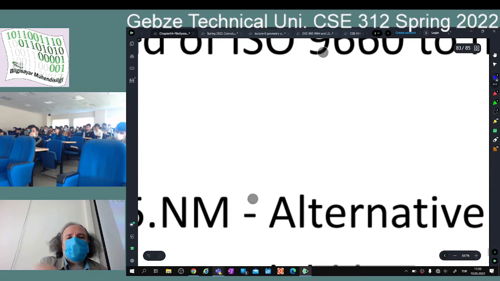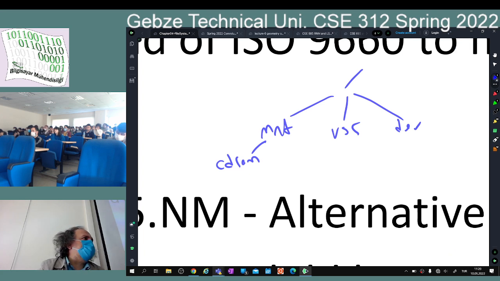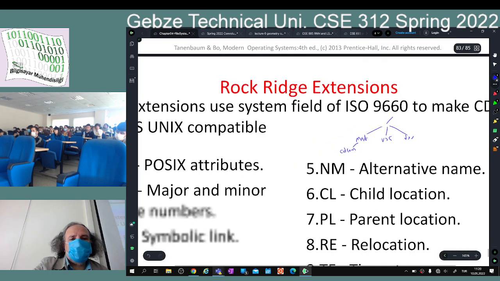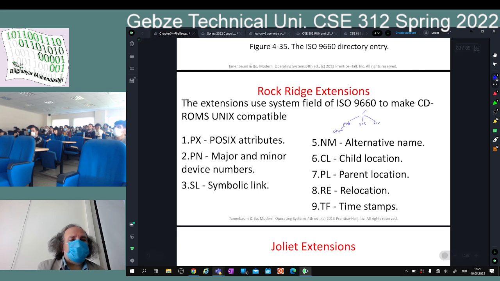So let's say this is my root directory and this is my user directory, if this is my devices directory, under the mount directory you can mount your CD-ROM, and under CD-ROM you are going to see your files like regular Unix files, because that CD-ROM supports this kind of stuff now. I have my POSIX attributes, device numbers, parent location, child location, timestamps, and etc.